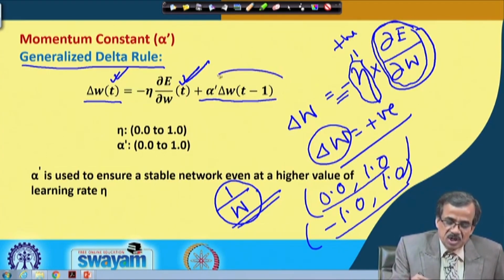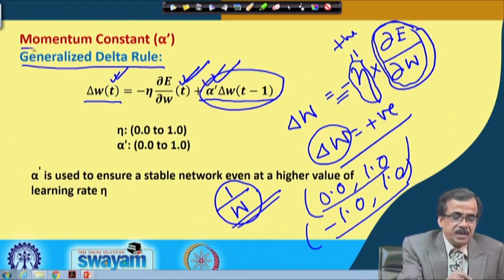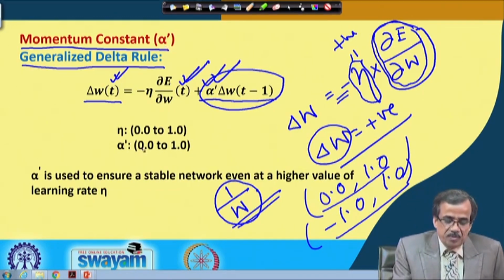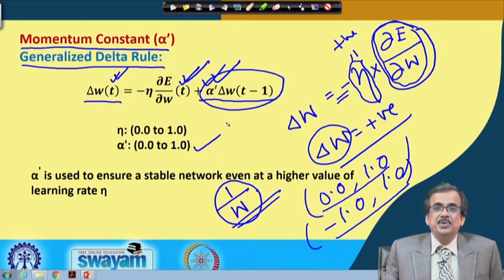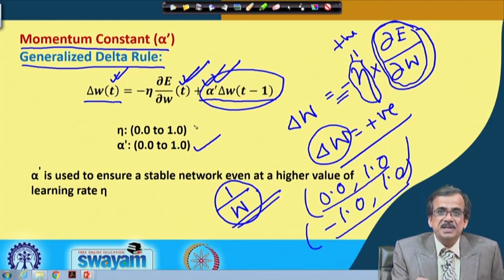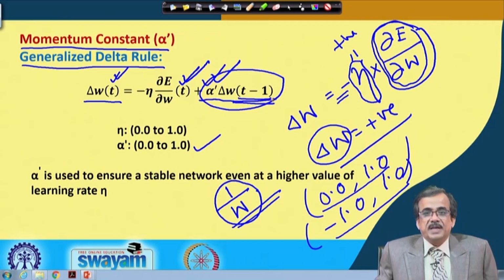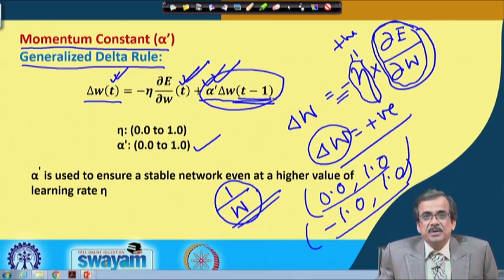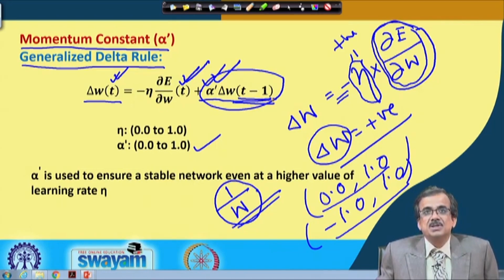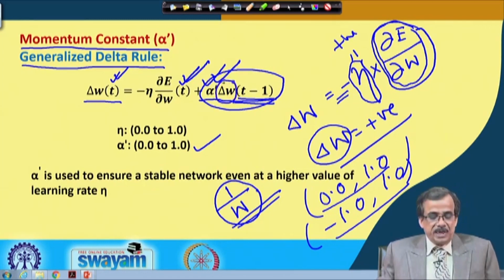So, this extra term we are going to add, and alpha prime is known as the momentum constant, and the range for the momentum constant is once again from 0 to 1. What I do is, we try to see what was the change of W in the previous iteration, that is the (t-1)-th iteration. That means we try to see the history of this updating. That means, what happened at the (t-1)-th iteration to this delta W, that I am going to consider.